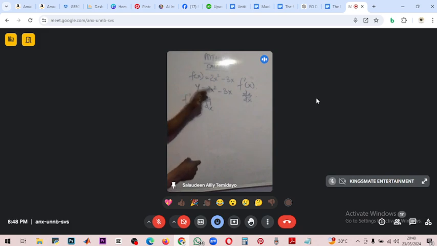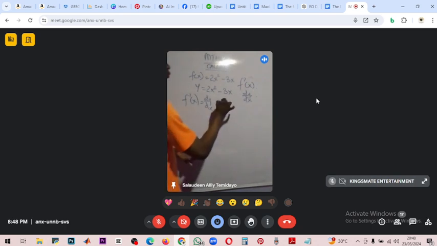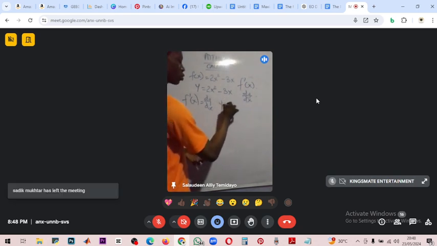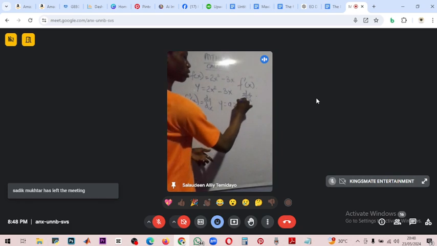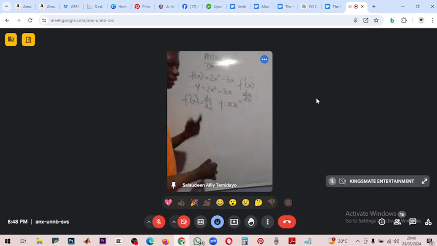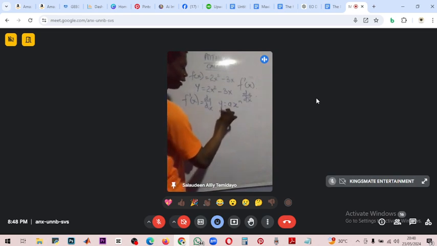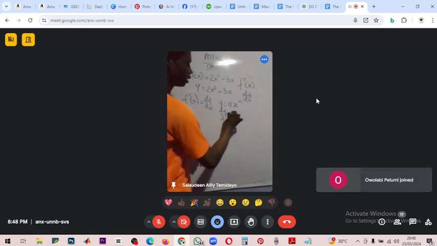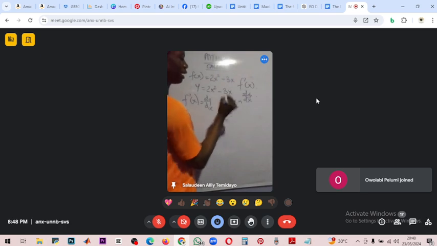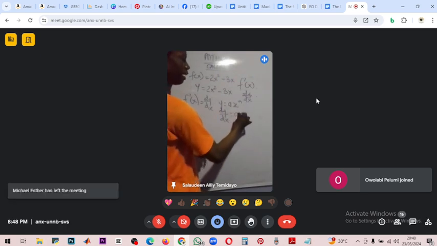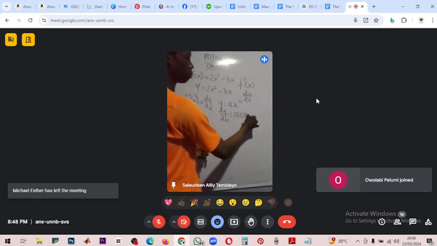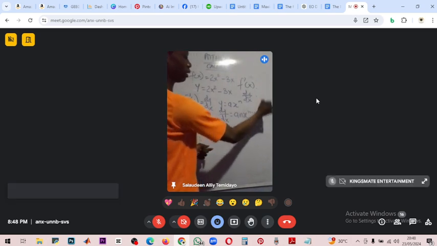So using the power rule, if y equals a x raised to power n, then dy dx is going to be equal to a times n, that is an, x raised to power n minus 1.